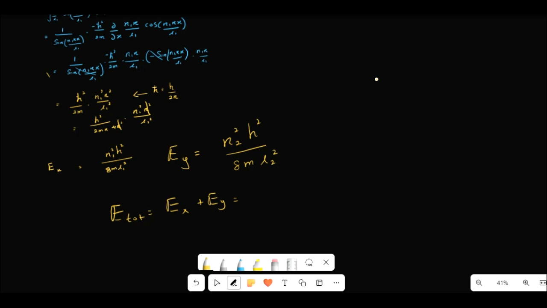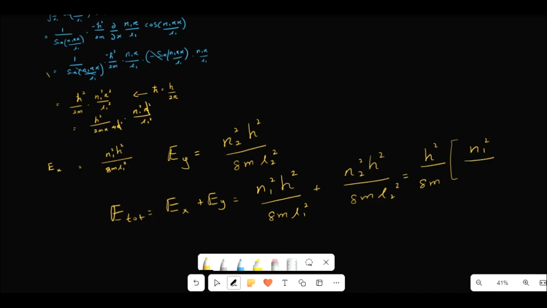So I am going to combine those two: n1 squared h squared over 8m L1 squared plus n2 squared h squared over 8m L2 squared. I'm going to take out the common components, h squared over 8m, and I can create the inside: n1 squared over L1 squared plus n2 squared over L2 squared.